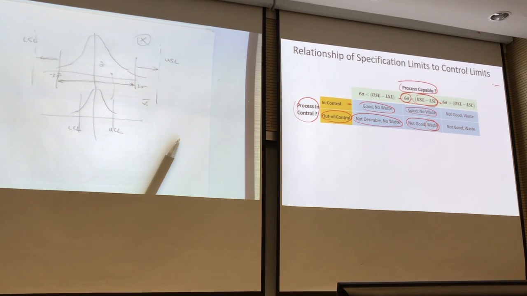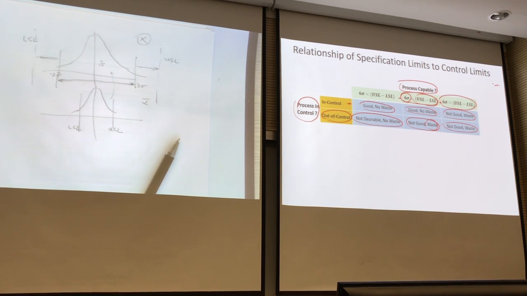But if the process spread is much bigger than that, and it is originally out of control, it is no good, and this one is also this way. So that kind of scenario, we try to tie the relationship there. And people are very smart.